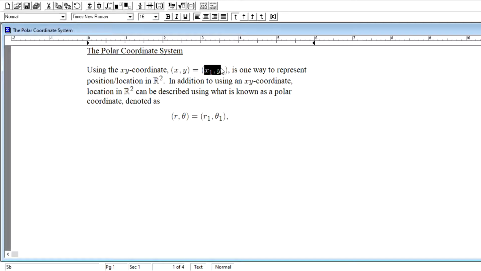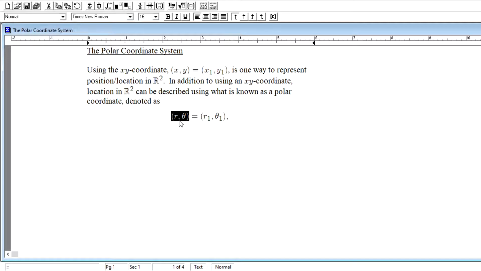What we move into now is we take note that in addition to using the XY coordinate to talk about location in two-dimensional space, we can also use what's known as a polar coordinate, denoted as this coordinate location r comma theta.